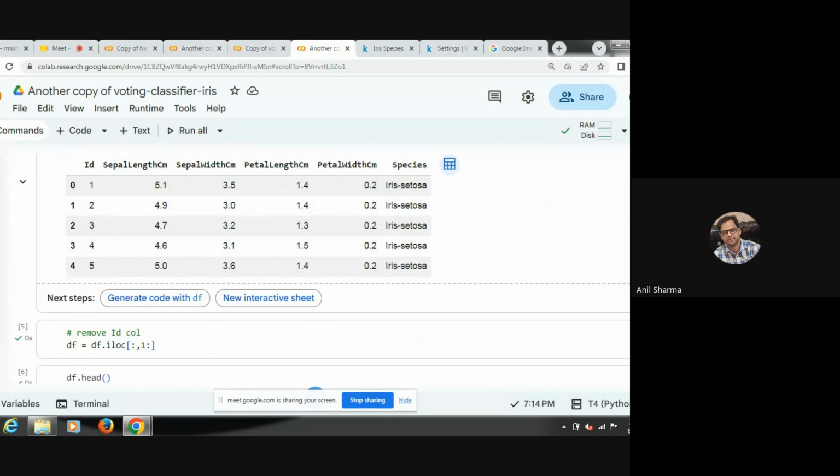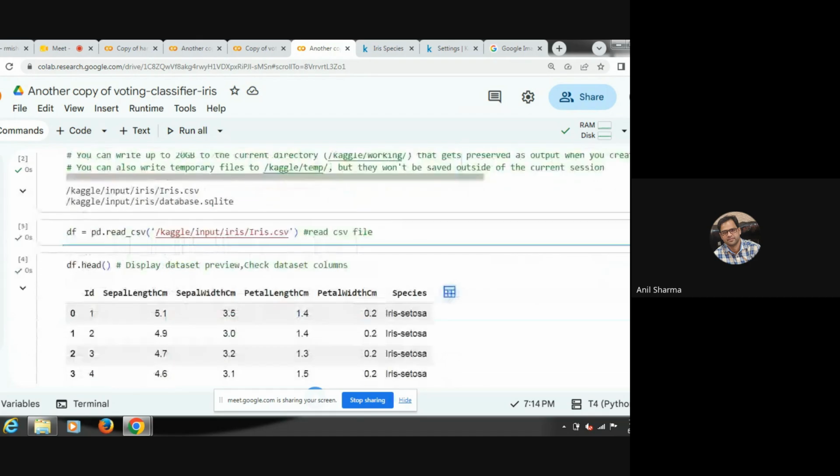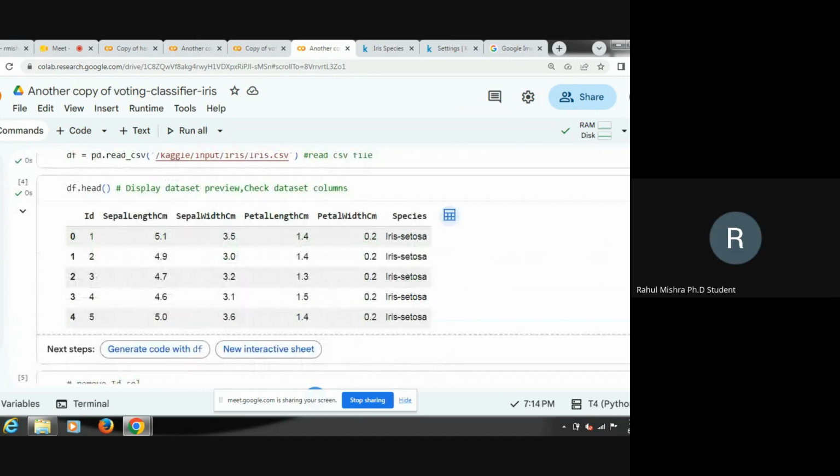Sir, please explain a little bit about hard voting and soft voting. How are you analyzing this hard voting? This is zero and one based on this. Yes. Can you repeat your question, sir? I am just asking, how are you using hard voting?